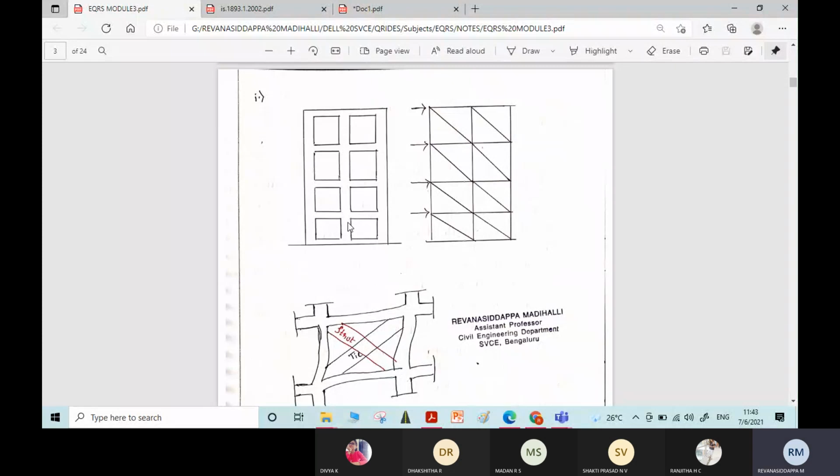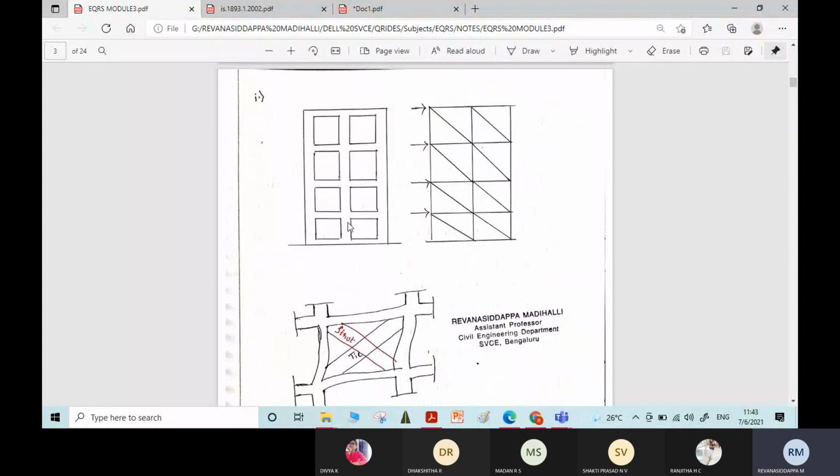See the behavior of a frame with infill wall during an earthquake, or whenever a lateral force acts onto it.